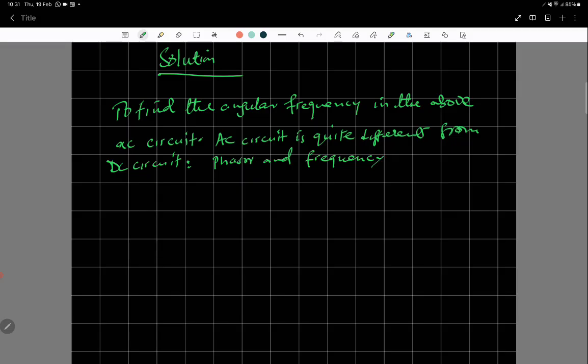As you can see, in an AC circuit the current is not directly proportional to the voltage. The voltage lags 90 degrees behind the current. So this is where the problem is.